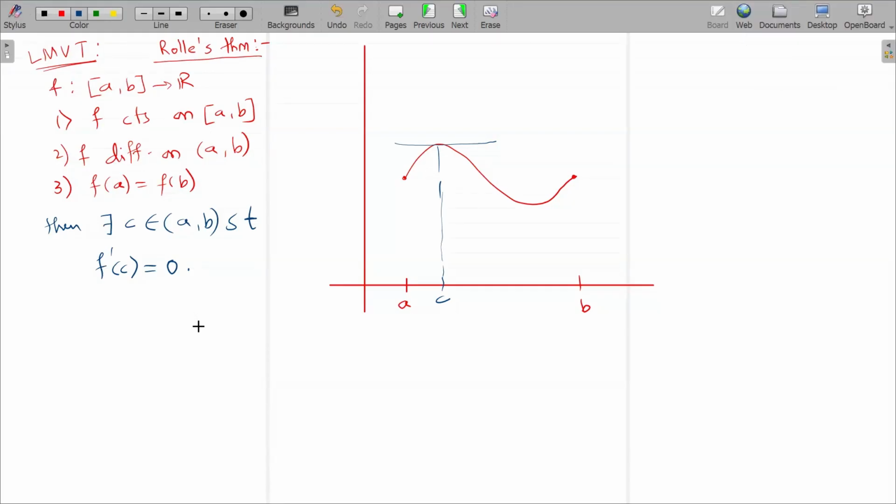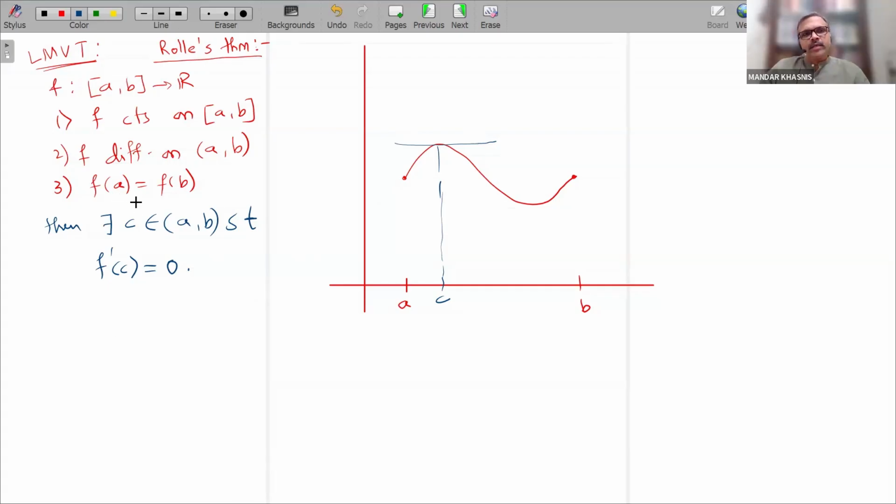Sir, it may violate one condition. Here at point C, the derivative f dash of C is 0. That means here we are getting a point of local maxima or local minima. So when C is equal to either A or B, then the necessary condition will not be satisfied.